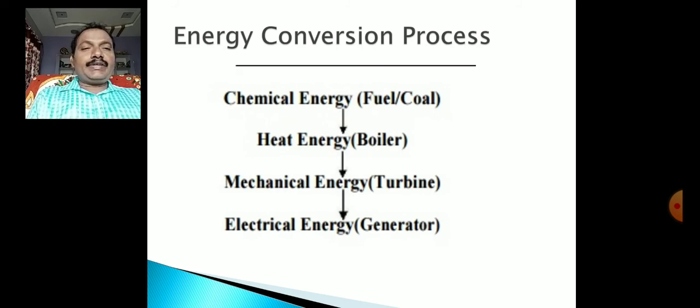That heat energy is directed towards the turbine, where the steam rotates the turbine, hence the heat energy is converted into mechanical energy, and that mechanical energy is further converted into electrical energy by the generator.